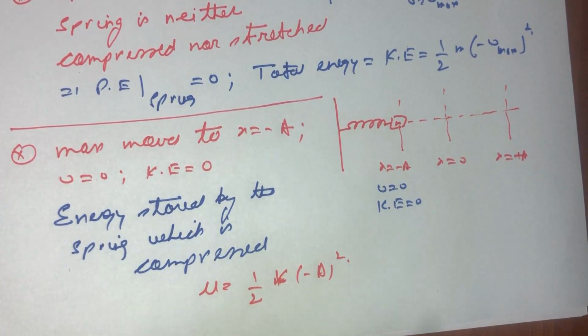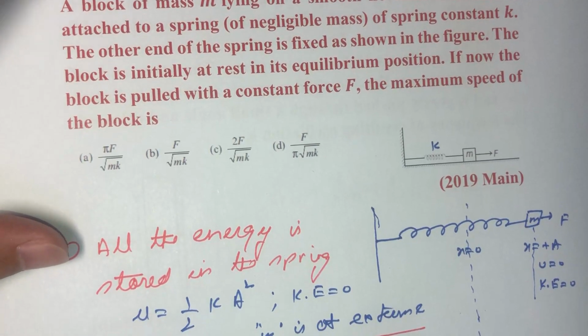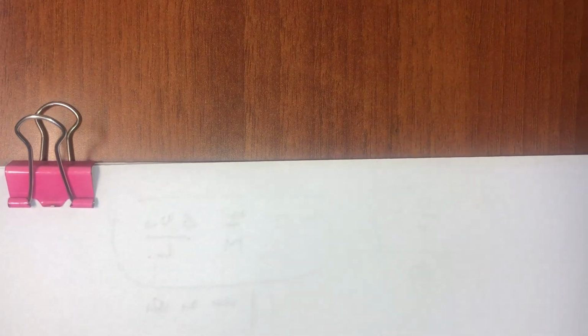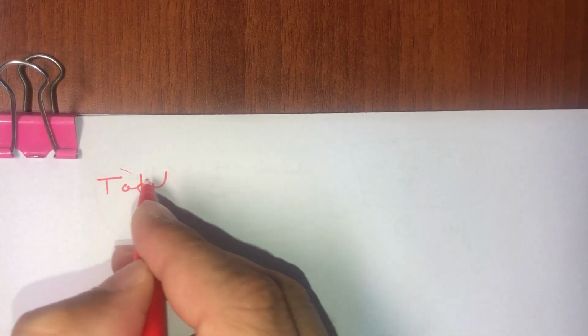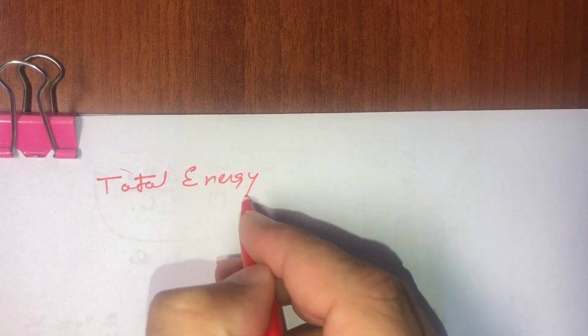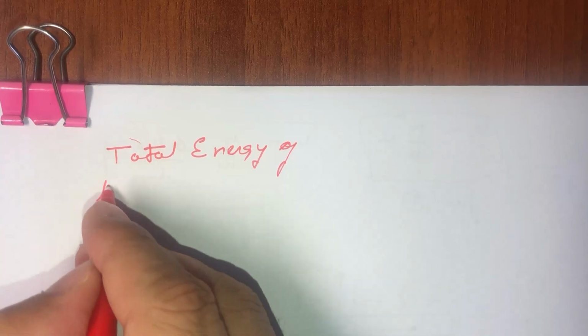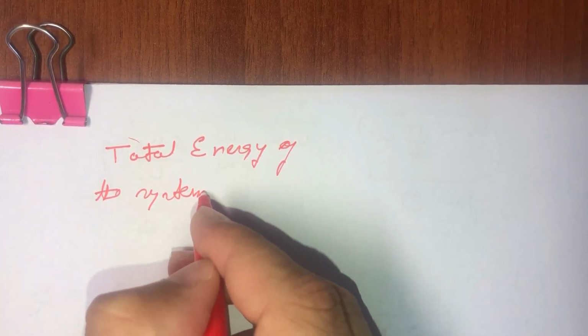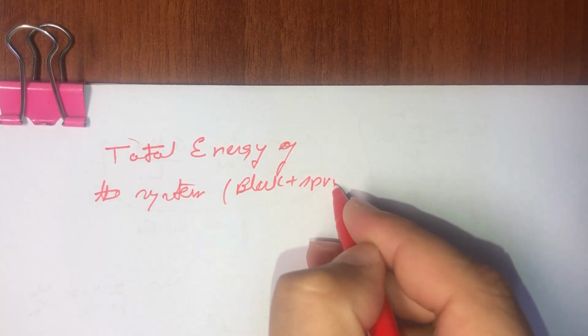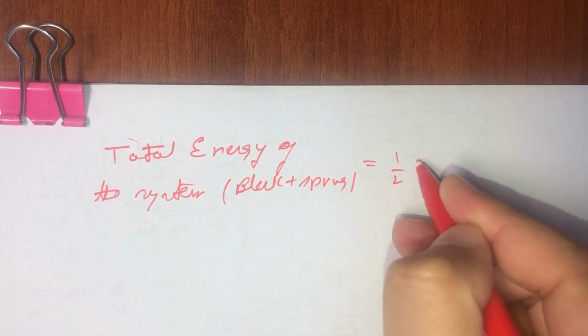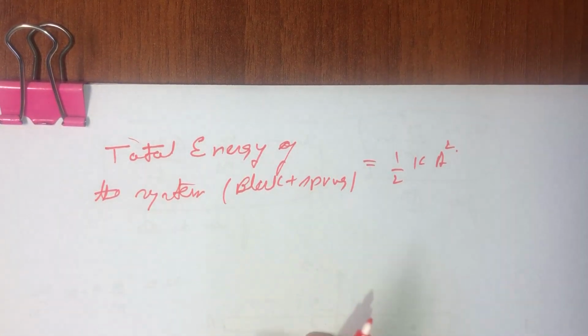and we can say that the total energy of the system, here meaning block plus spring, will be equal to half k a square, which is nothing but kinetic energy plus potential energy.